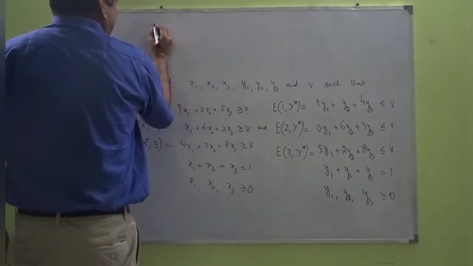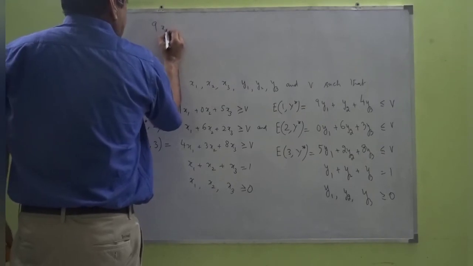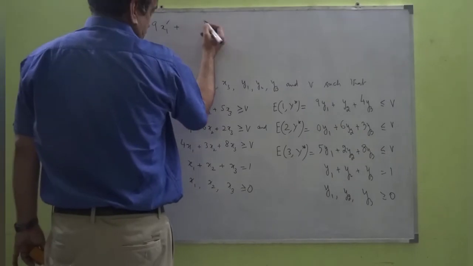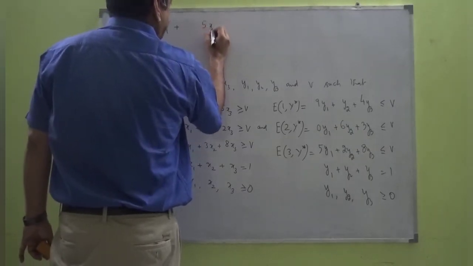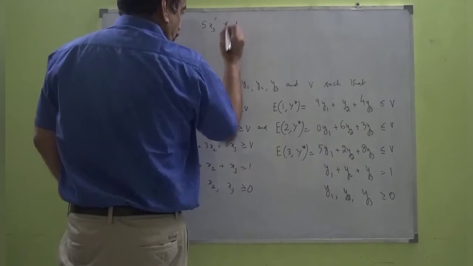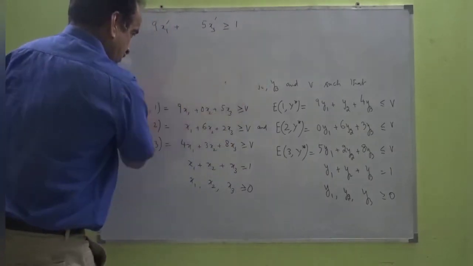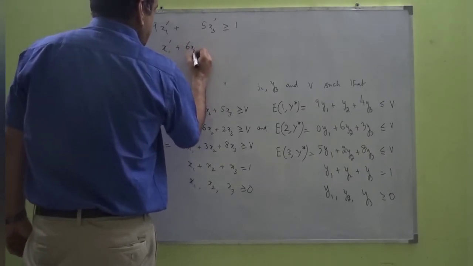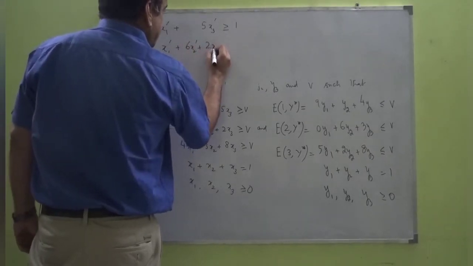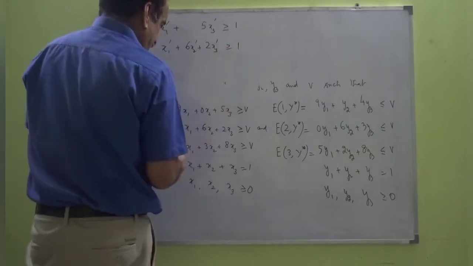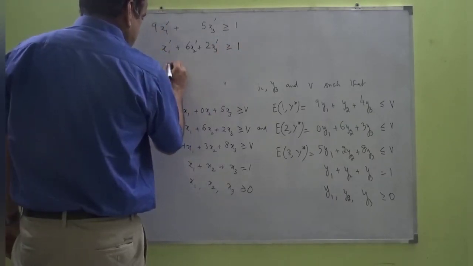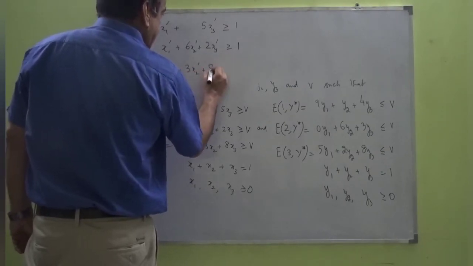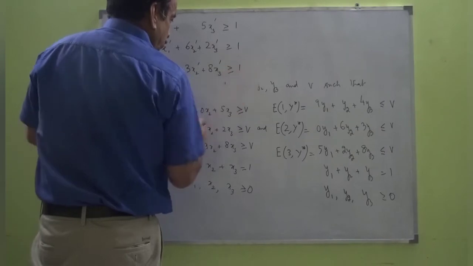So I'll get 9x1 dash plus 0x2 dash plus 5x3 dash greater than or equal to 1. x1 dash plus 6x2 dash plus 2x3 dash greater than or equal to 1. 4x1 dash plus 3x2 dash plus 8x3 dash greater than or equal to 1.